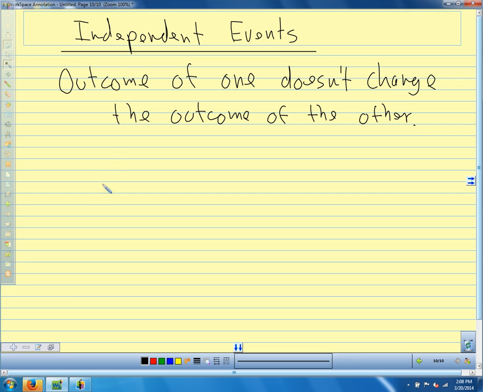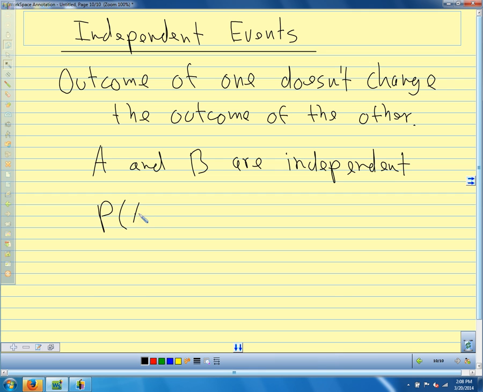So to combine the probabilities when we have independent events, we're going to say A and B are independent. The probability of A and B is the probability of A times the probability of B. And this is the kind of probability that we're probably most, no pun intended, most familiar with.